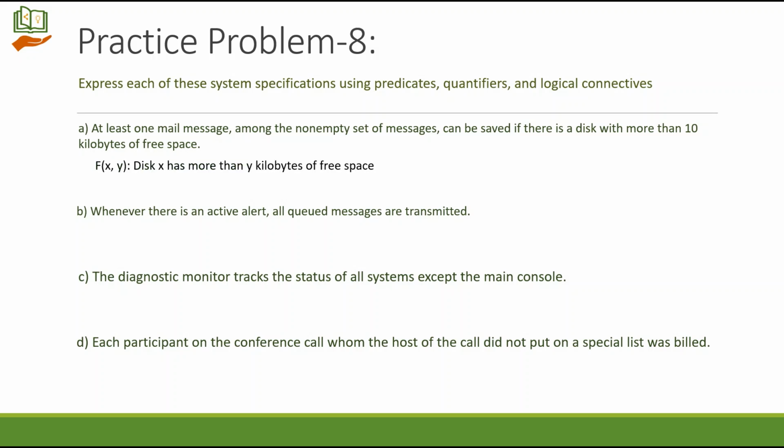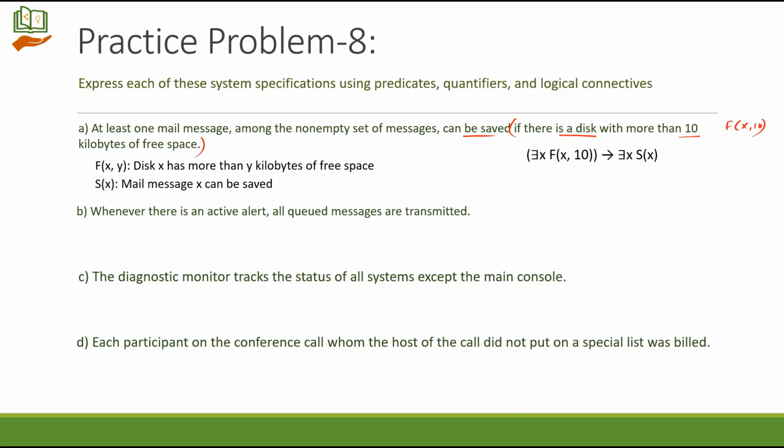F of x comma y is disk x has more than y kilobytes of free space. How can we express this? We can say x comma 10. Then we can have S of x as mail message x can be saved. So here they say at least one mail message can be saved. So we have to start from this particular part.